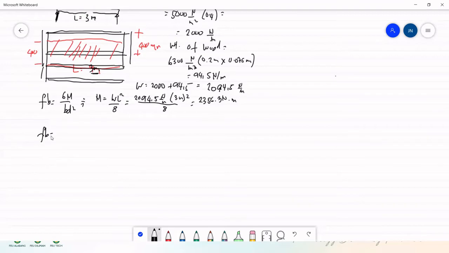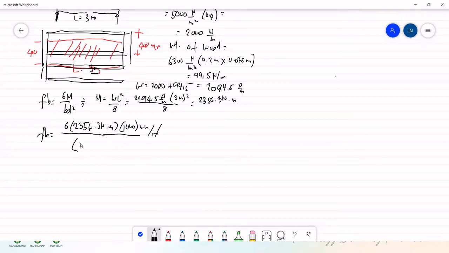FB is 6 times moment, which is 2,356.3 Newton meter. Dapat maging millimeter para megapascal na, times mo ng 1,000, magiging millimeter na siya, kasi 1 meter is equal to 1,000 millimeter. Millimeter na to, kasi ganun yan, cancel yung meter. Okay, Newton na siya. B, ano yung B natin? 200 by 75.